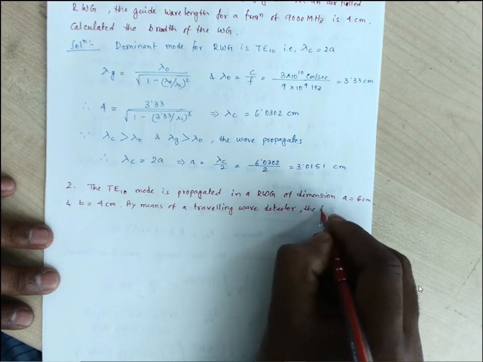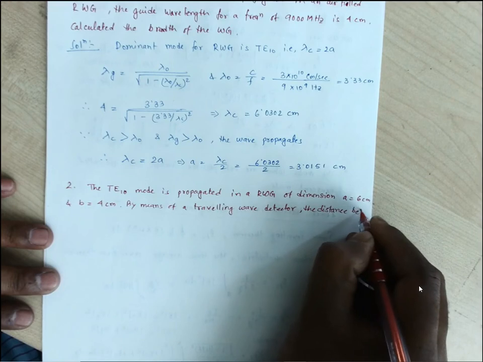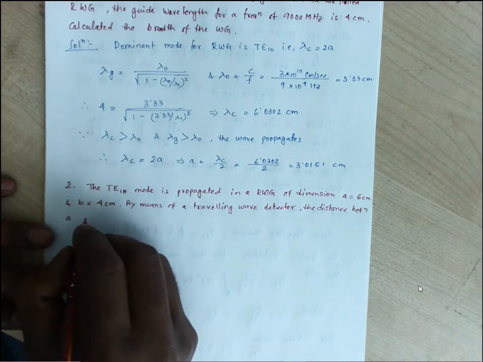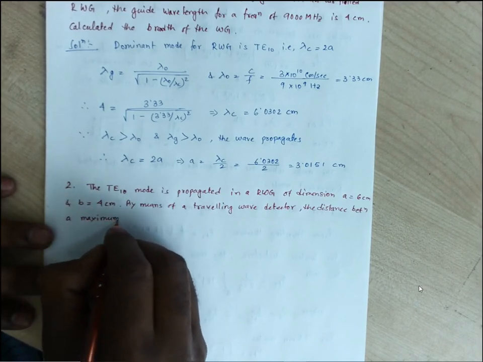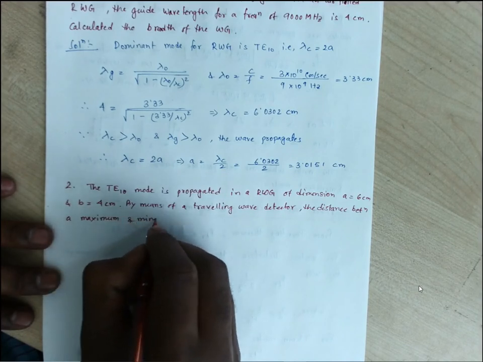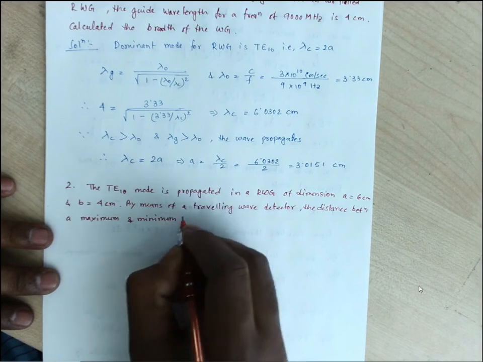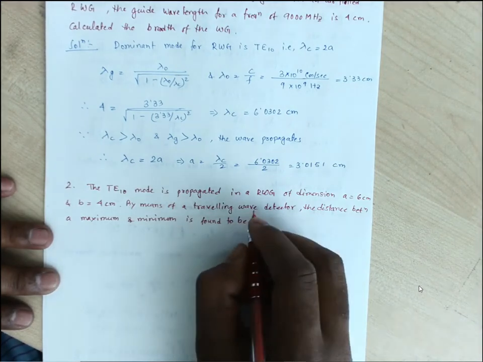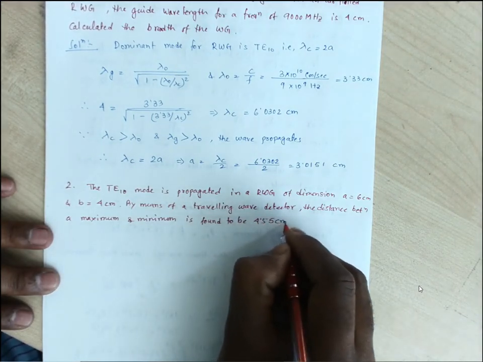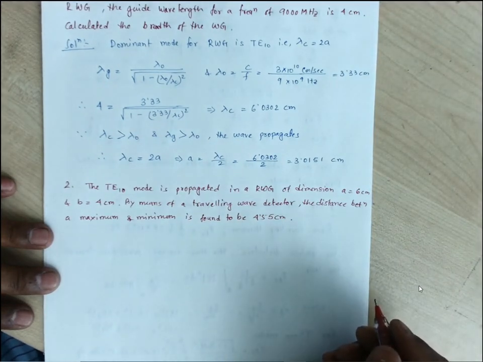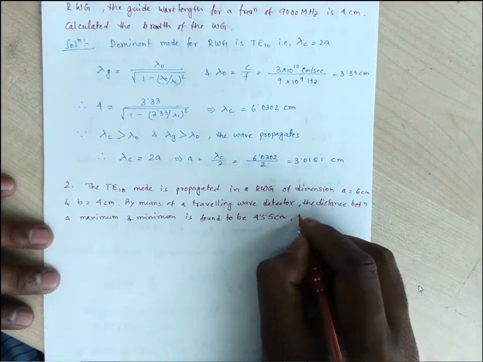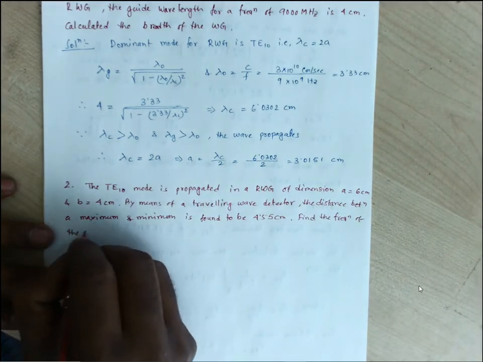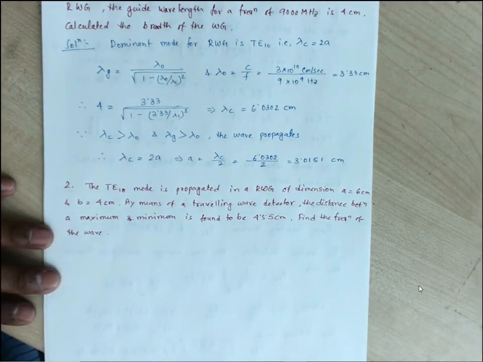The distance between a maximum and minimum is found to be 4.55 centimeter. Find the frequency of the wave.